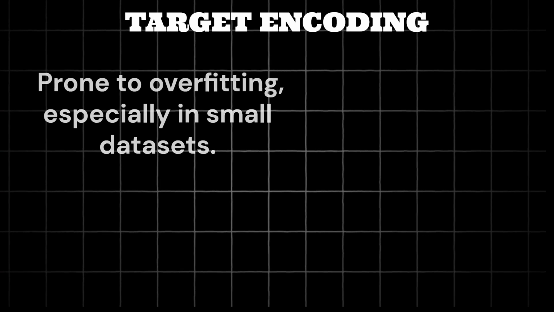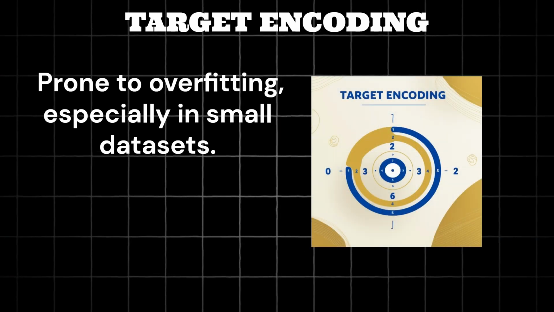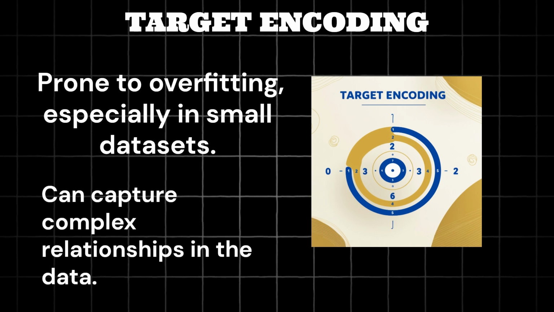While target encoding can be powerful, it is also prone to overfitting, especially in a small data set. The model might learn patterns that only exist in the training data, leading to poor generalization on new data. It is often used in competitions and complex models, but it requires careful handling.